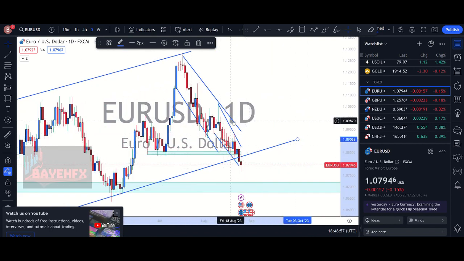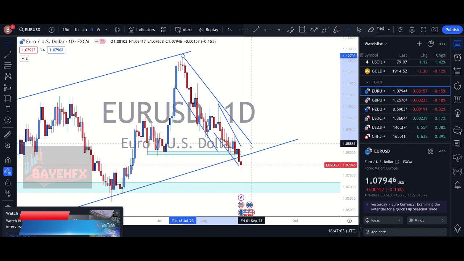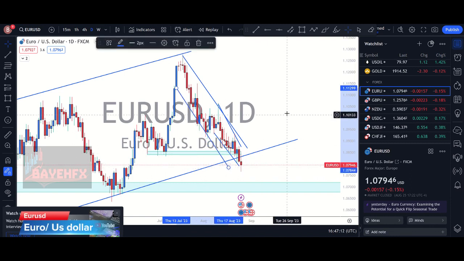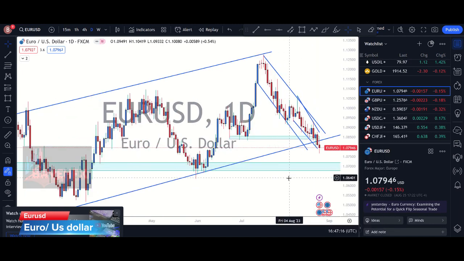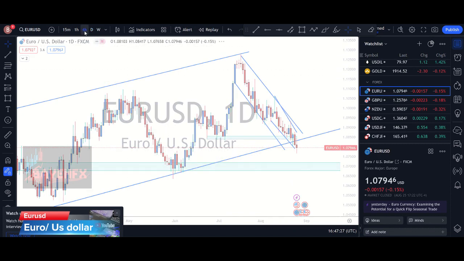So we have been seeing the market going down, right, on the one day candle here. Okay, so this is it on EURUSD. We've just seen a nice breakout there, so we'll be waiting for a nice retest on EURUSD. So let's go down to the 4 hours.